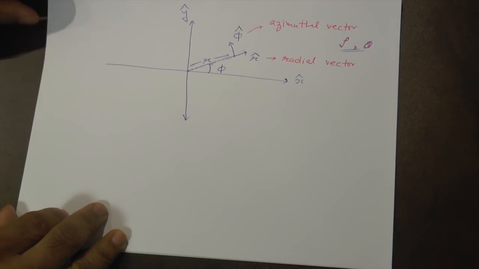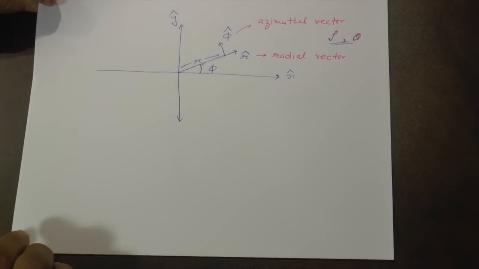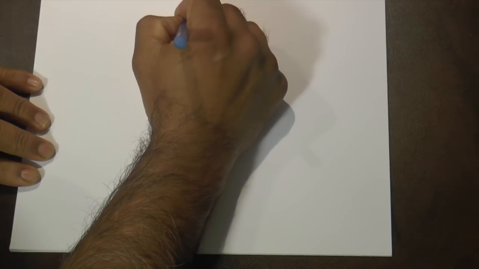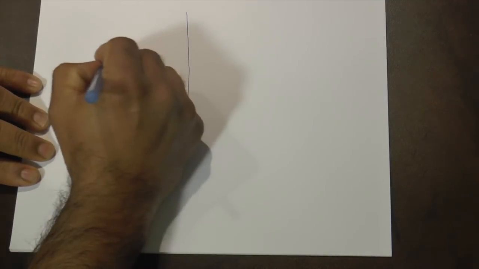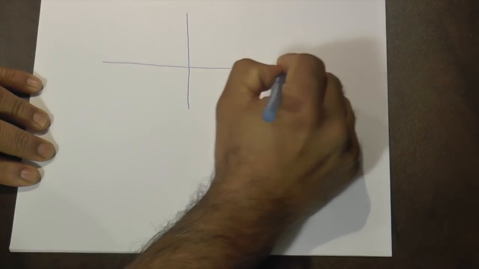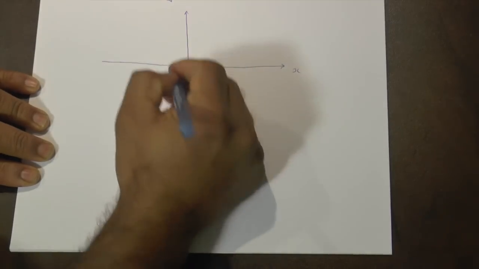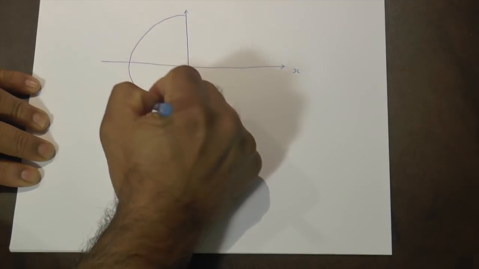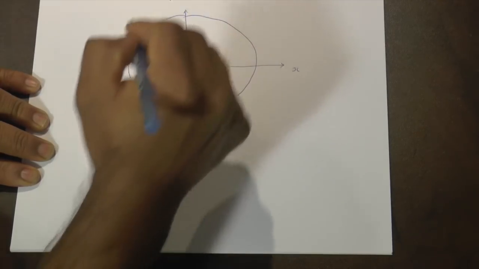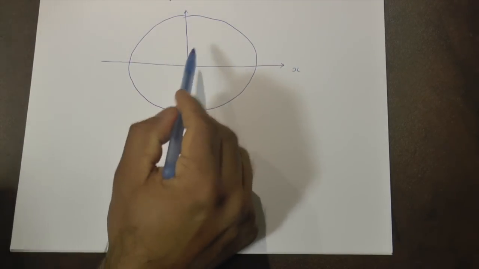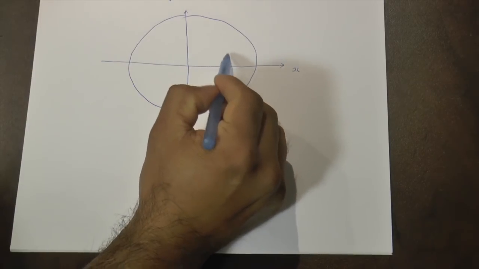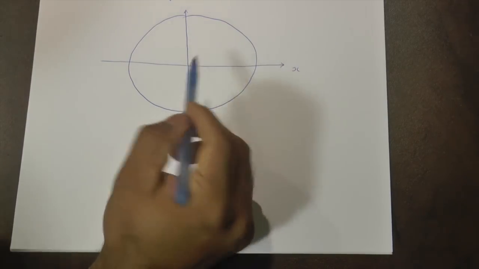Let's now go back to the problem of calculating the area of a circle and see how we can use this polar coordinate system to calculate that area very, very easily and very, very quickly. So again, I have my vector x and y. I have an area of the circle, and obviously as I go to different points, the effective area is changing.